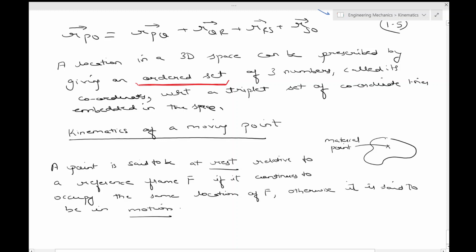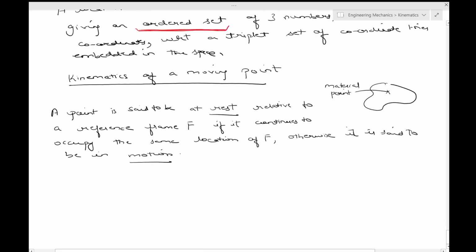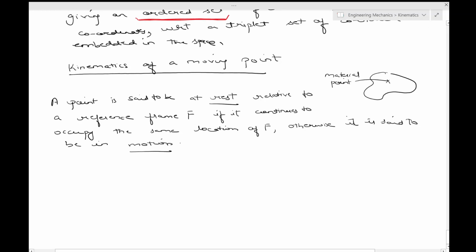So we'll put this out mathematically now, in terms of what we have learned before. We have learned about a position vector before, so we'll be using that and see how this can be defined. Let's put out a frame like this, and then you have a path like this.